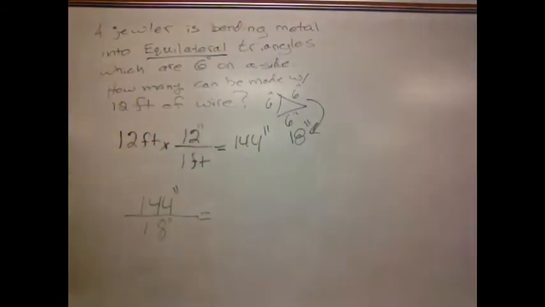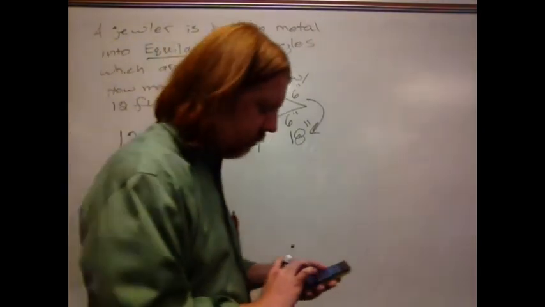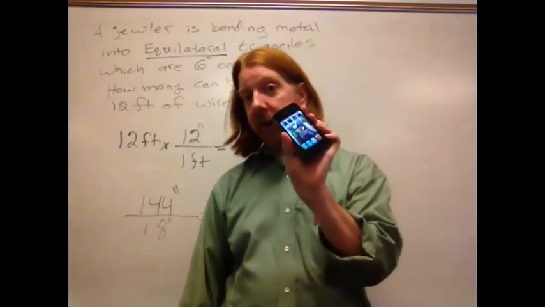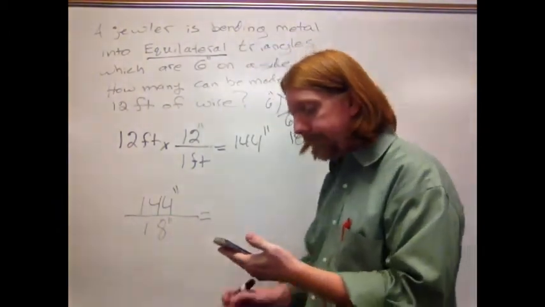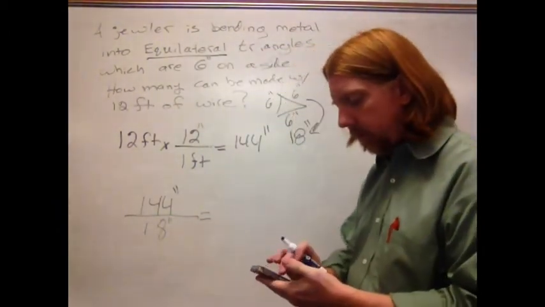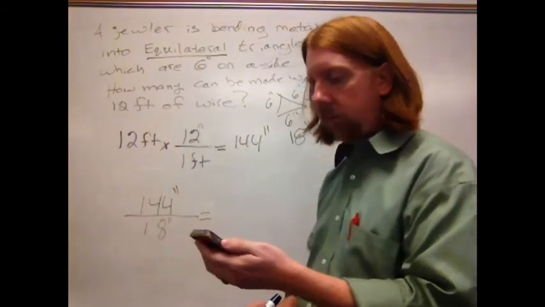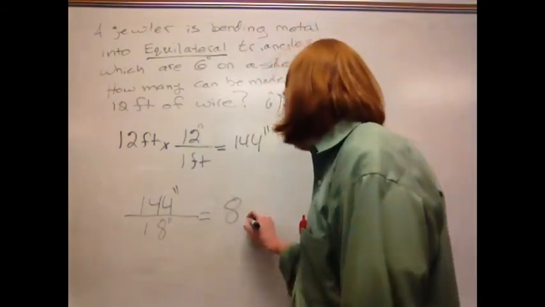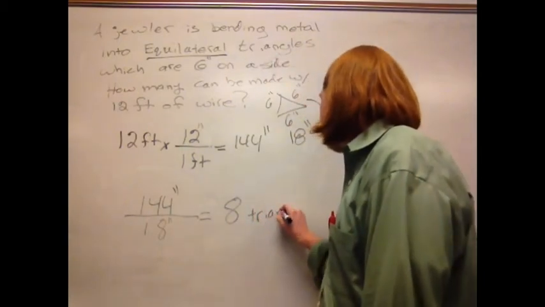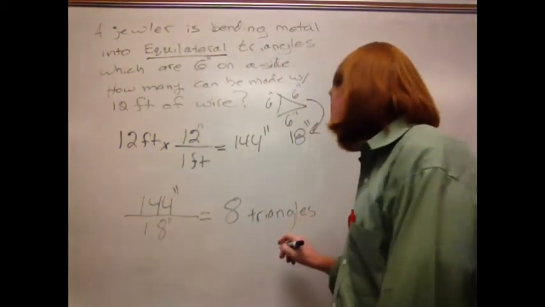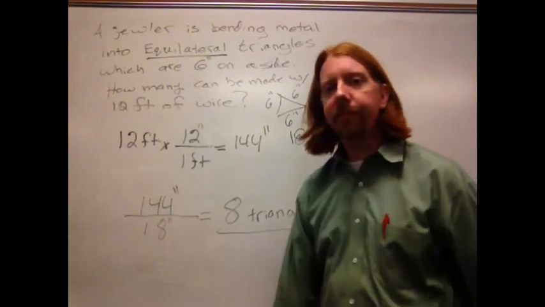And let's be sure. Let's see, 144 divided by 18. Oh, works out to be an even 8. Eight triangles exactly. And then we're done.